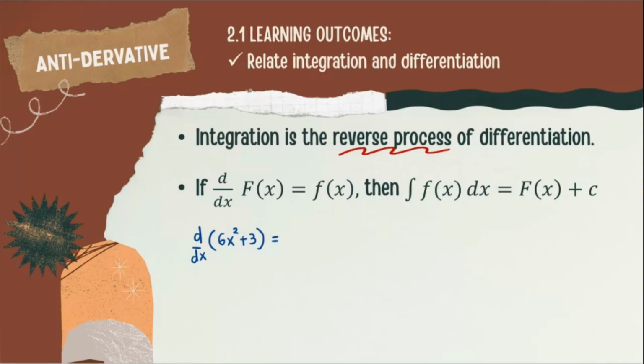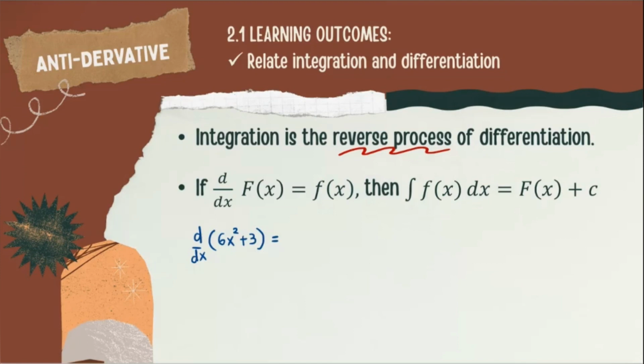Kalau kita differentiate a function, kita akan dapat derivative result dia. So kalau kita integrate the result, kita akan dapat balik semula function yang kita differentiate tadi. Ini adalah proses antiderivative ataupun integration.